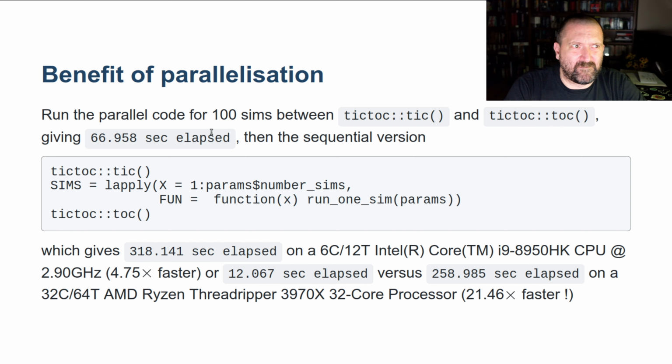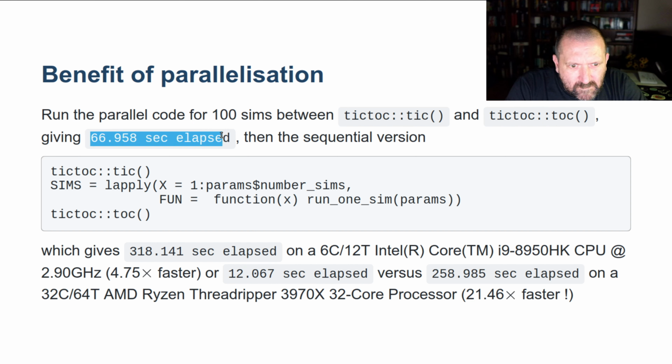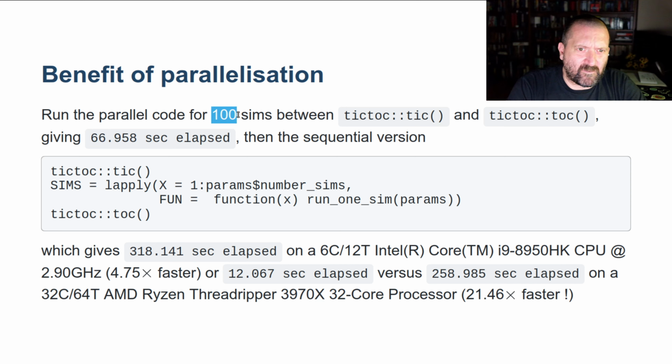This is a MATLAB command that was adapted to R. So I don't remember what code I was running for the sequential version. Oh yes, that was a very complicated version because it takes a long time to run, but never mind. Whatever that was running, I was getting 66 seconds for the parallel version.